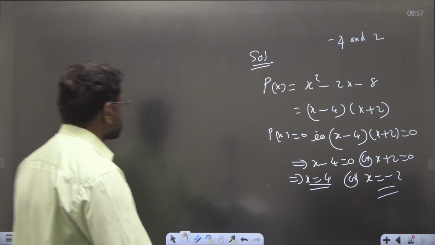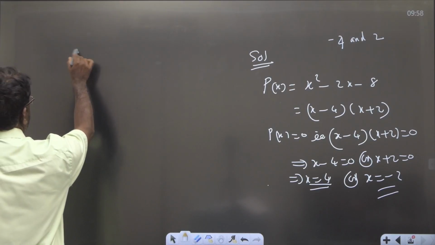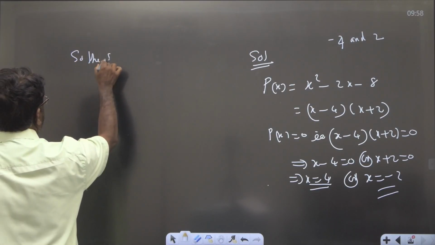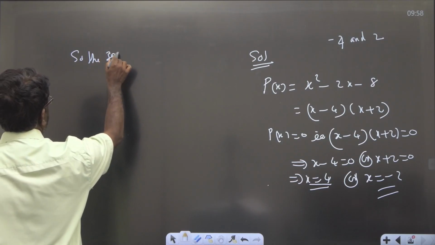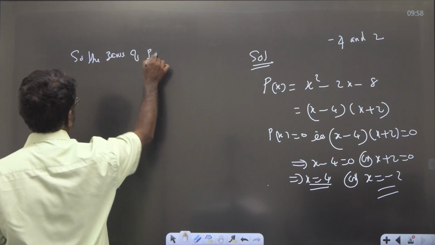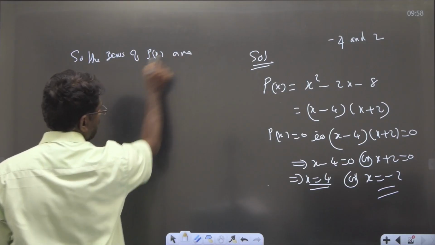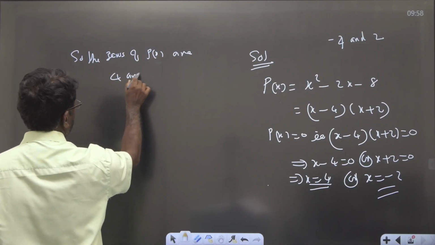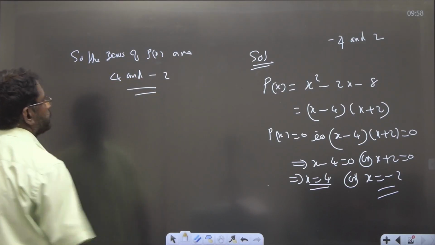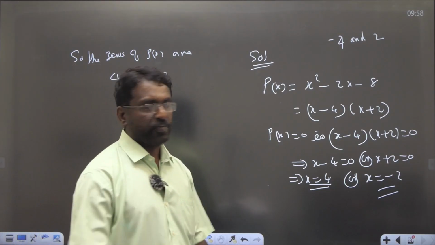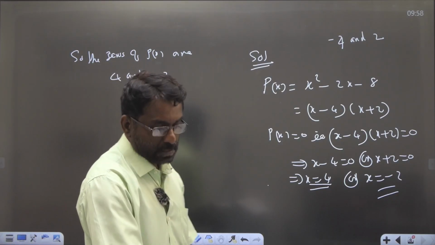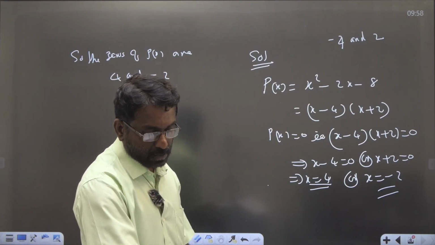So the zeros of p of x are 4 and minus 2. This is the first part of the question.